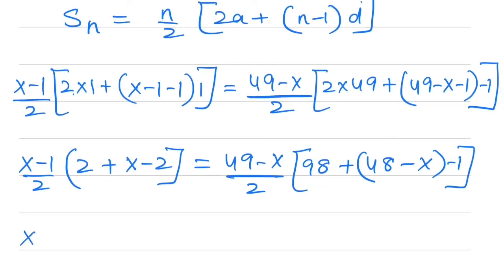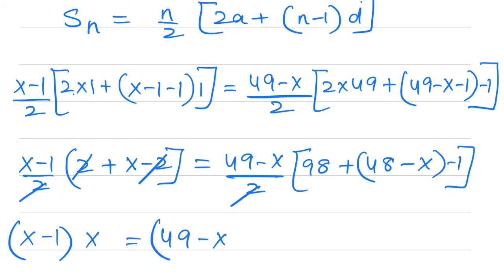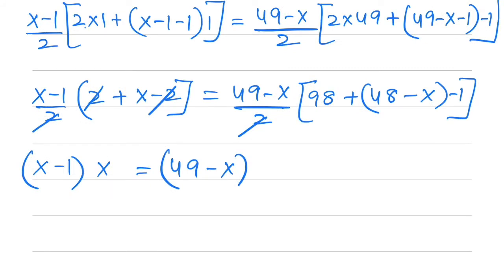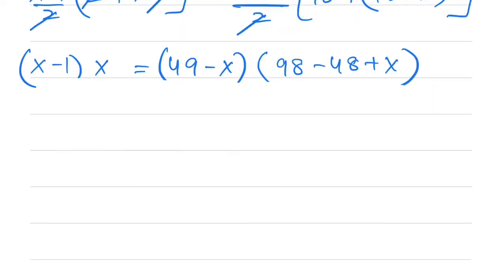Then we have x minus 1, and this 2 can get cancelled here, so this 2 and this 2 also gets cancelled, into x is equal to 49 minus x into, this is 98, and minus 48 plus x.